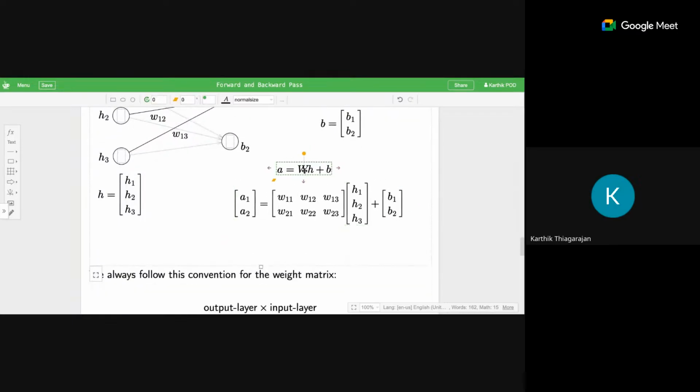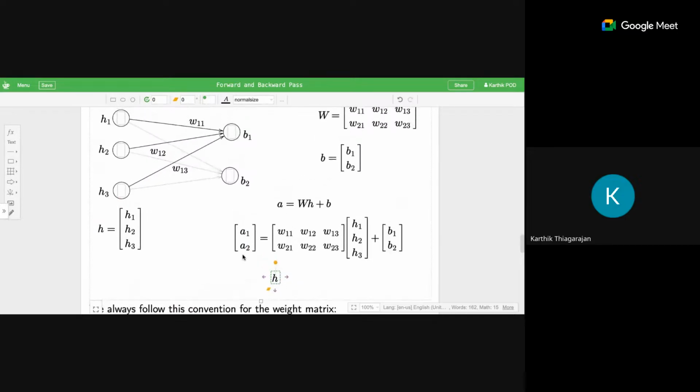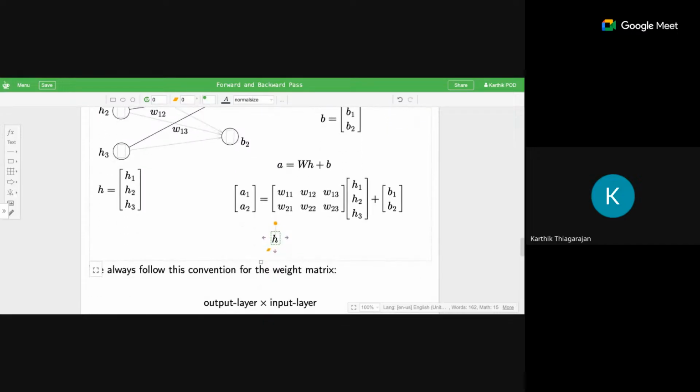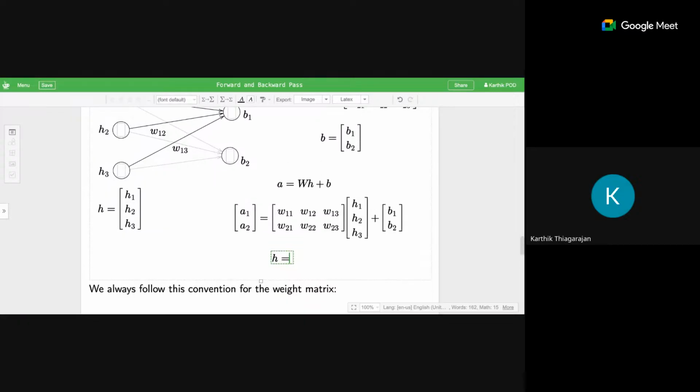So once you have A, what remains? Now this is a new H. You should not confuse it with this H. I hope that part is clear. So this will be G of A, which is again done element wise, right? So what is this exactly? This is H1, H2 again.